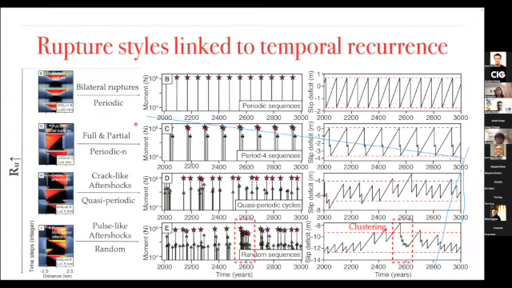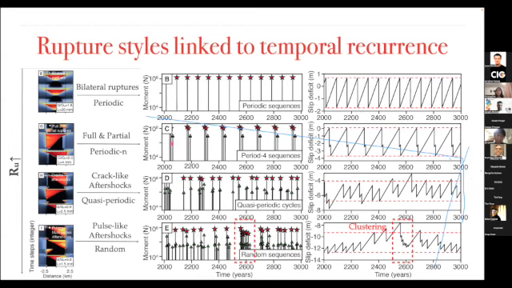So I've explained how the RU number controls the rupture style. In detail here, we pick 4 models from low RU to high RU. We have bilateral ruptures, full and partial ruptures, crack-like ruptures with aftershocks, and then eventually pulse-like ruptures. We also found that these different rupture styles result in different recurrence behaviors.